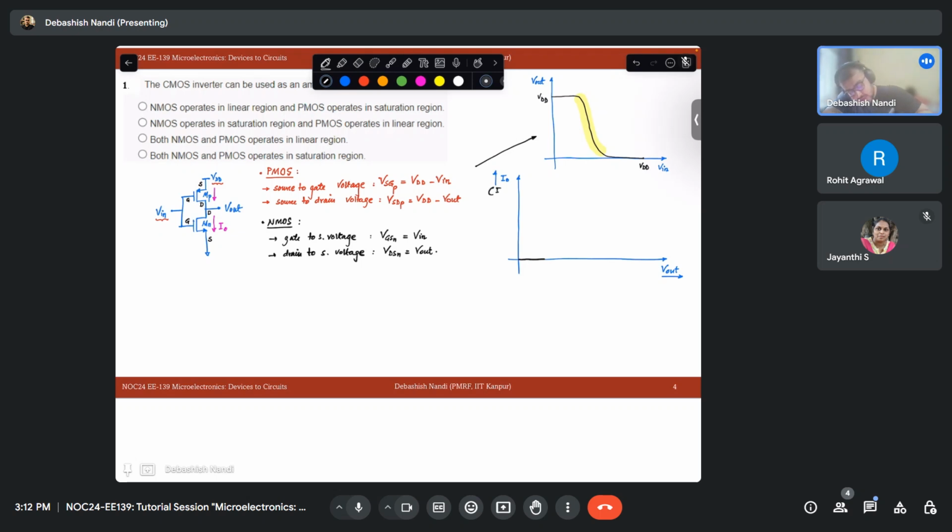If my VG is 0, or my V in is 0, this quantity is 0, so I should get 0 current at this point. This trend will follow for my V in less than or equal to VTN, the threshold voltage of the NMOS, because below the threshold voltage my MOSFET is off. So current flow will be 0.